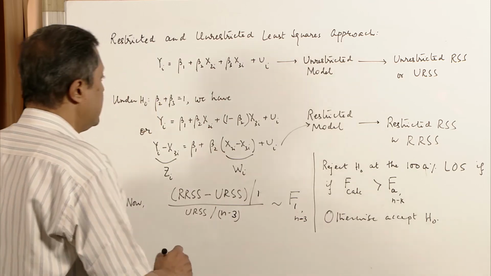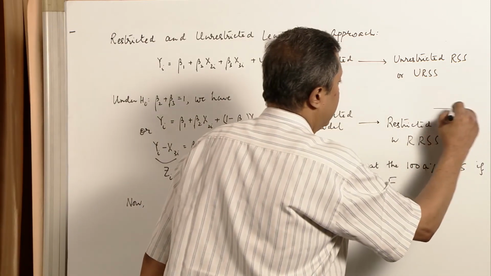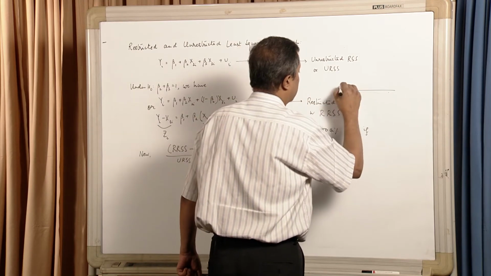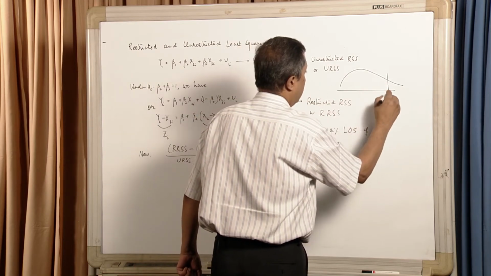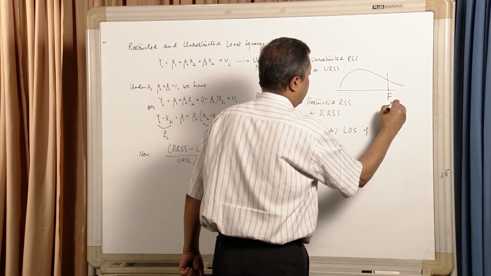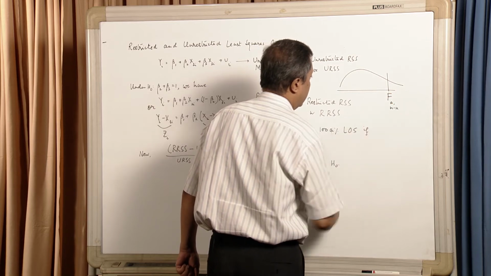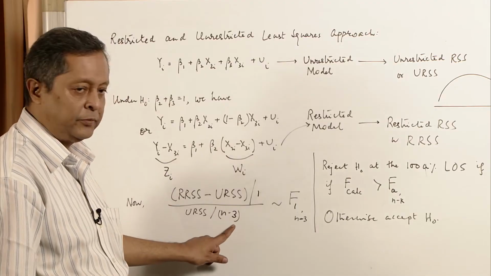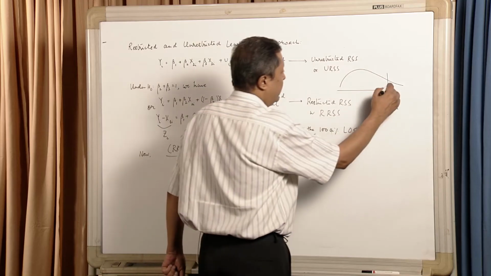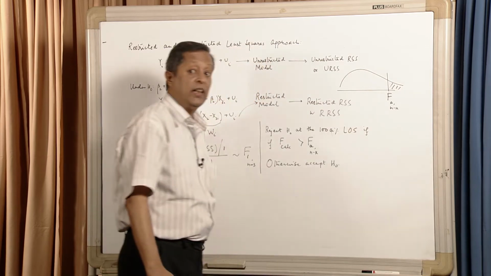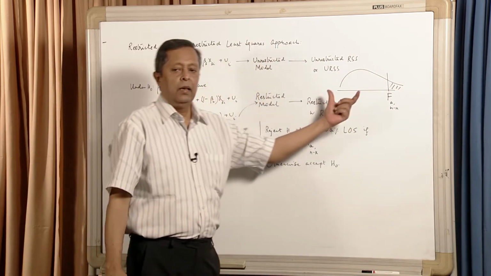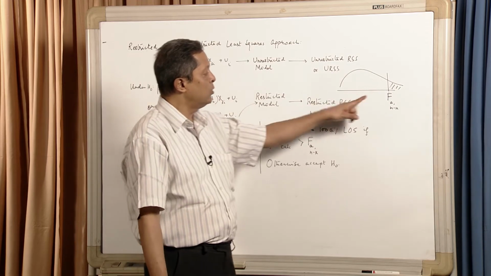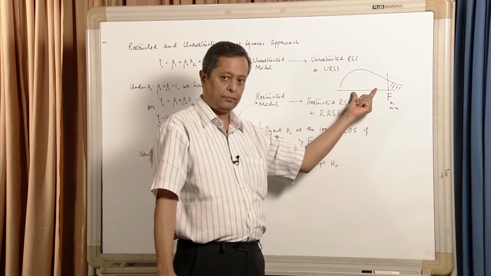So, the F distribution would be something like this. It is not a symmetric distribution, it would be looking something like this. So, here we have F alpha comma n minus k. If the calculated value of F is to the right of this, then we reject H naught, because in most of the cases if H naught is true, the calculated value should lie to the left of this.